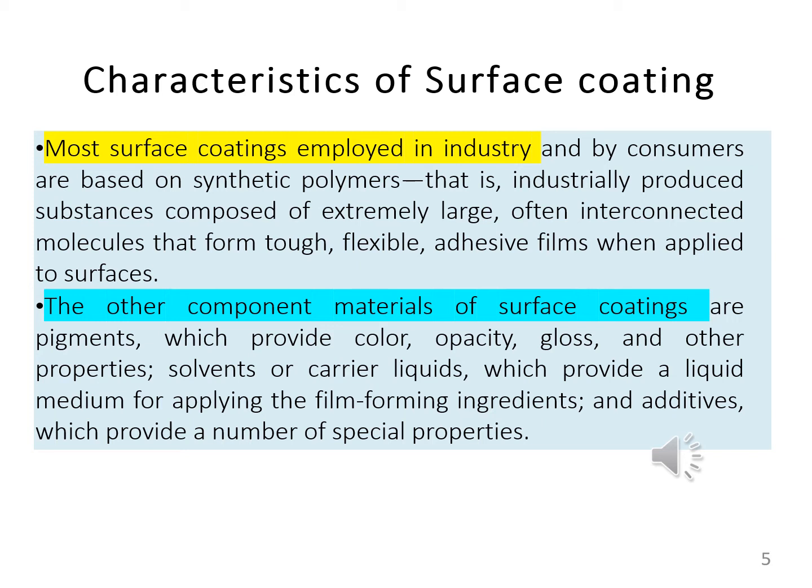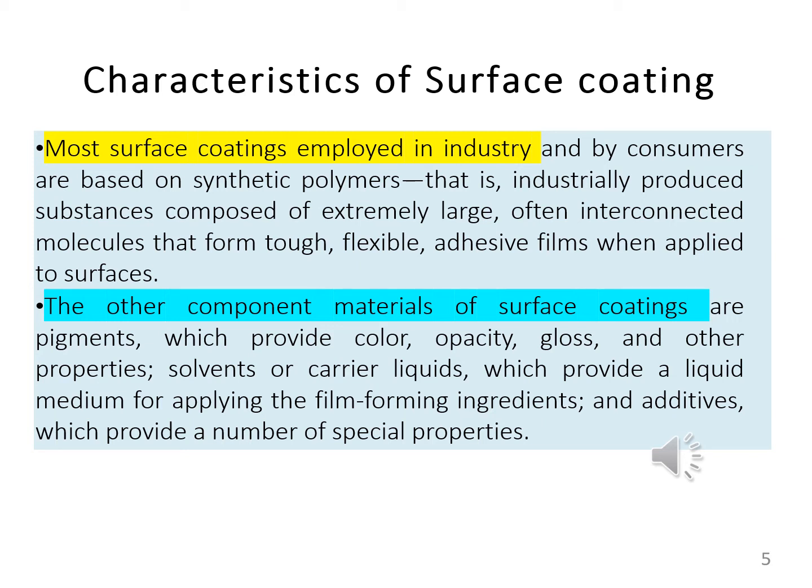So, the major role of the surface coating is that they provide the adhesive films which are very tough and flexible when these types of coatings are applied to the surface, and these types of coating are industrially produced.